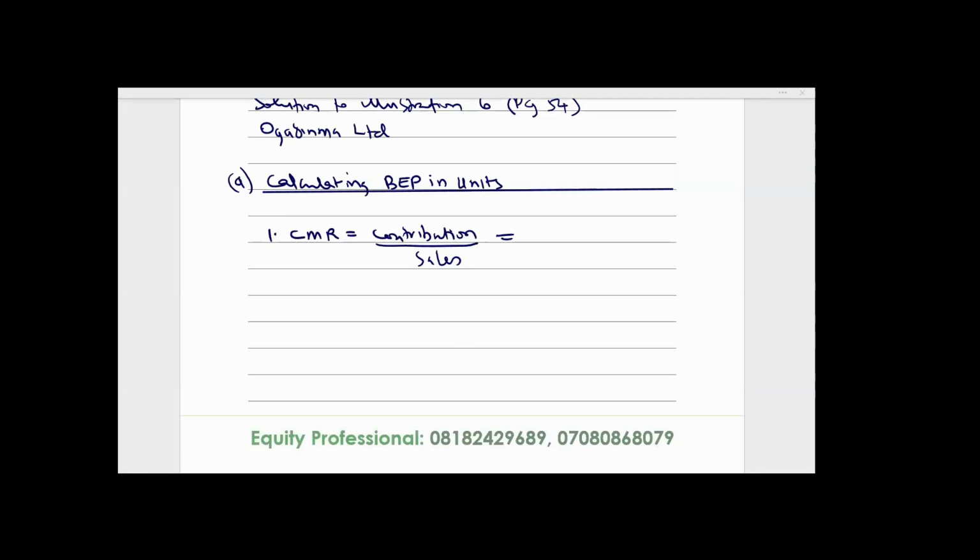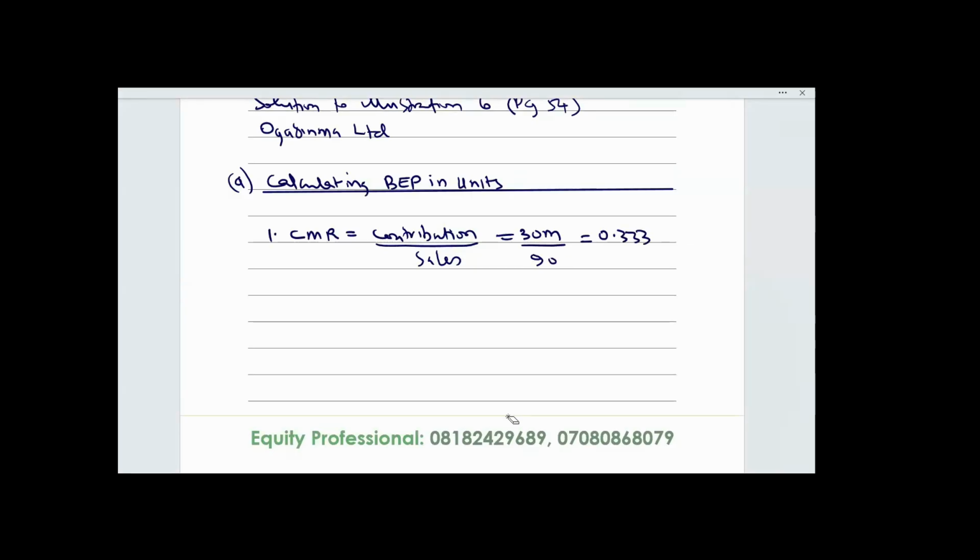Total revenue is 90 million. Therefore, 30 million divided by 90 million will give us 1/3, which is the same thing as 0.33.